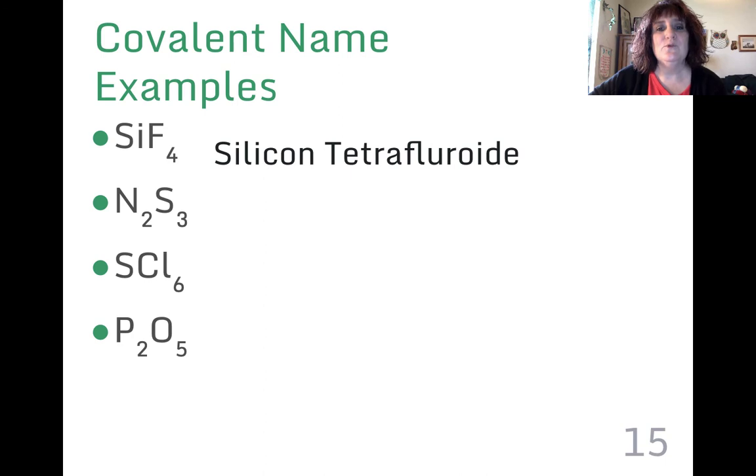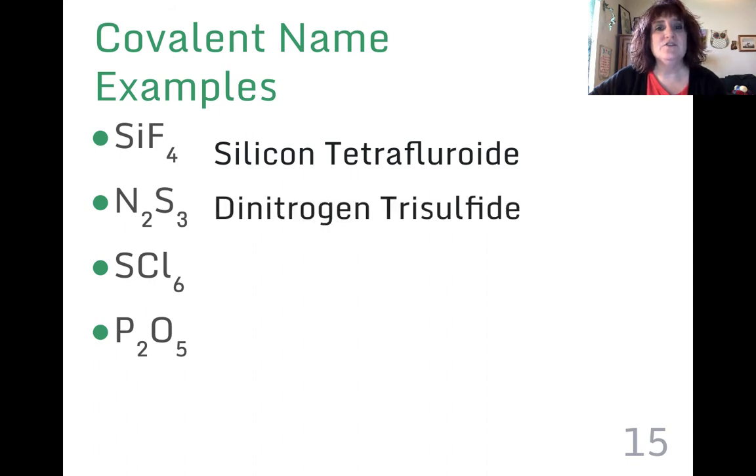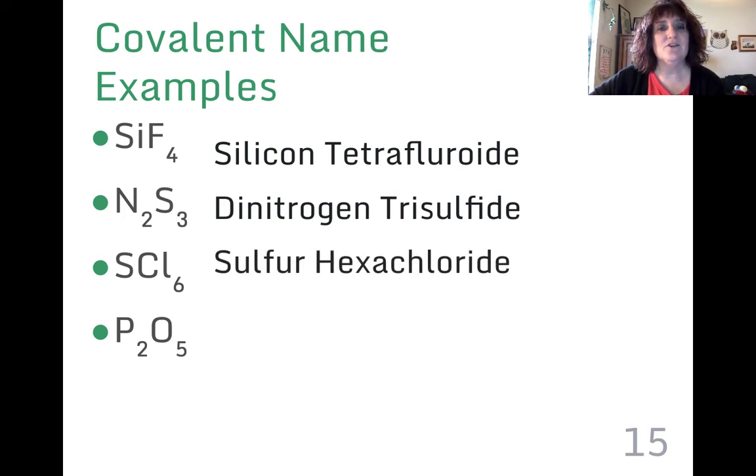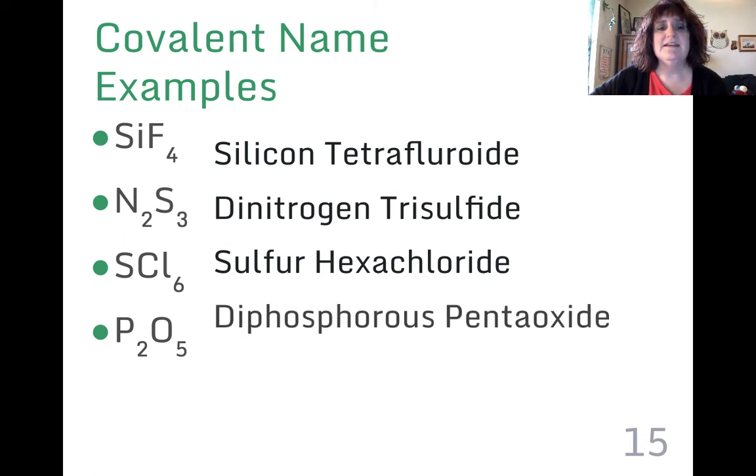So it's a prefix root-ide system. N2S3 is dinitrogen trisulfide. SCl6 is sulfur hexachloride. And P2O5 is diphosphorus pentaoxide.